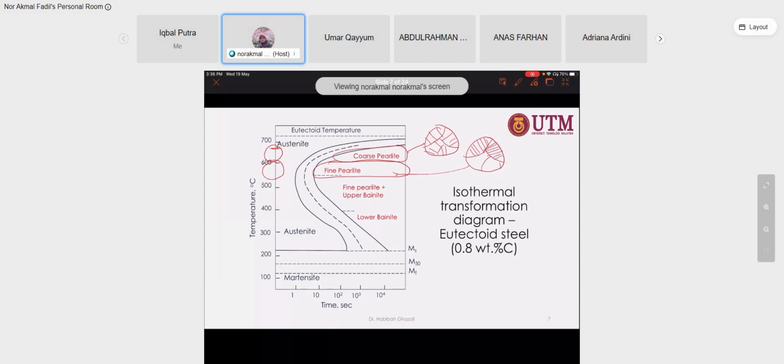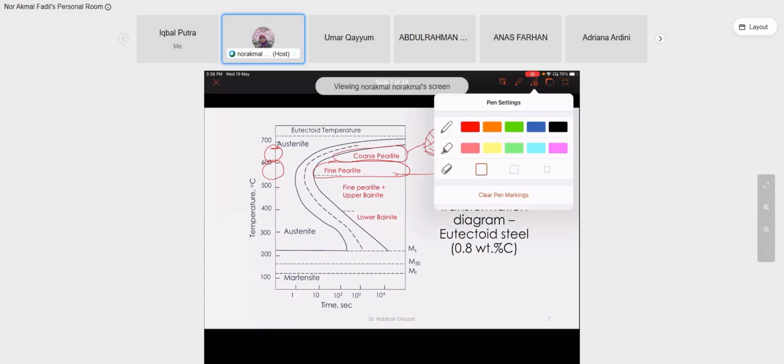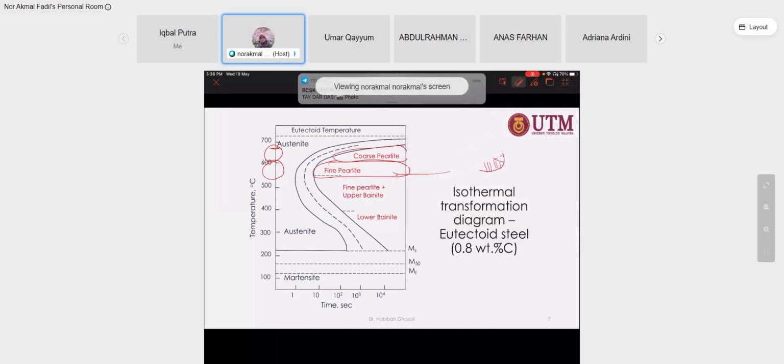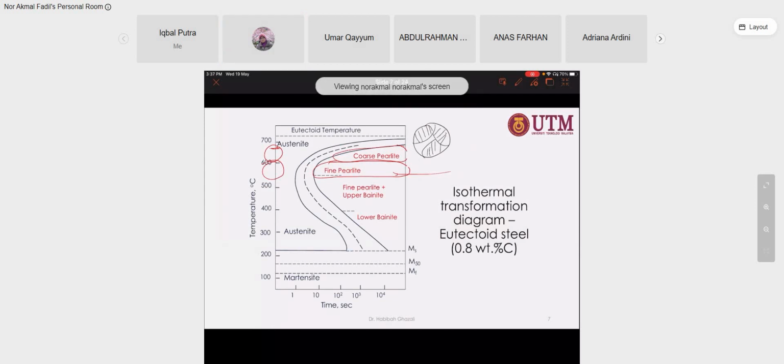All right, anybody can tell me why they are different in terms of the size? Okay, coarse pearlite. They are all pearlite. And then the fine pearlite.